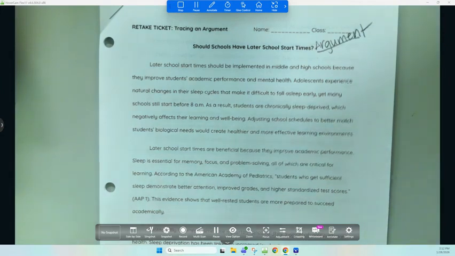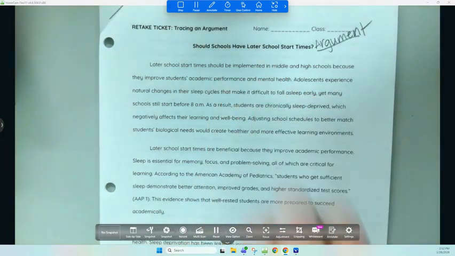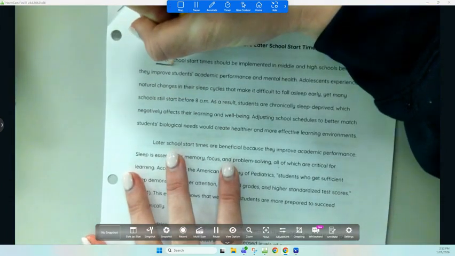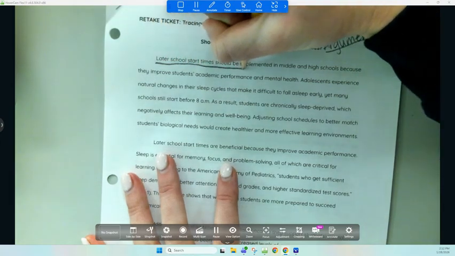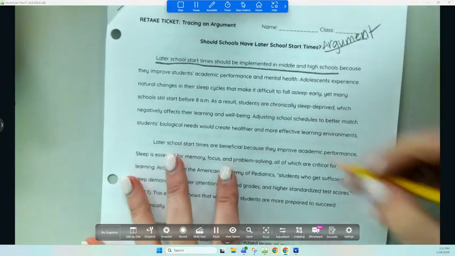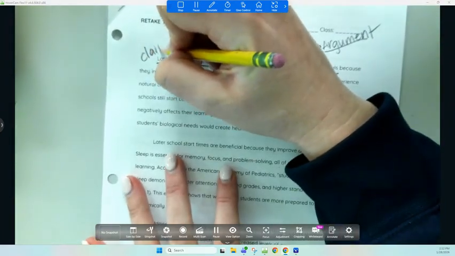So the claim is just not telling me why later school start times should be implemented. It is just telling me that they should be implemented. It is their side. So it is the very first sentence. Right? Later school start times. This is the claim.